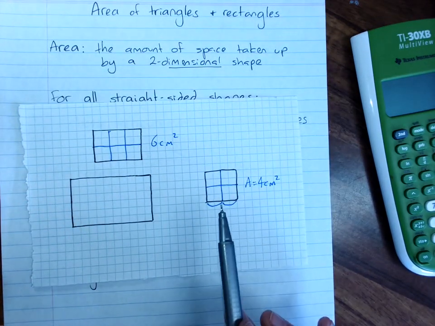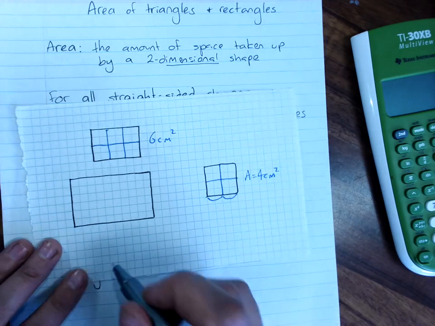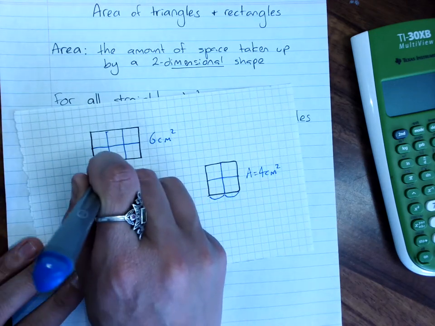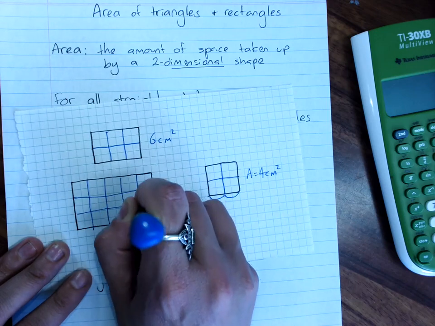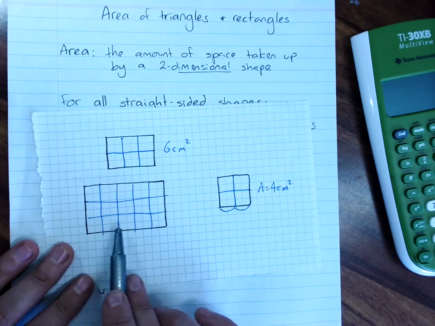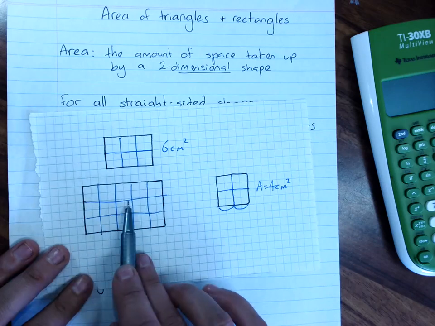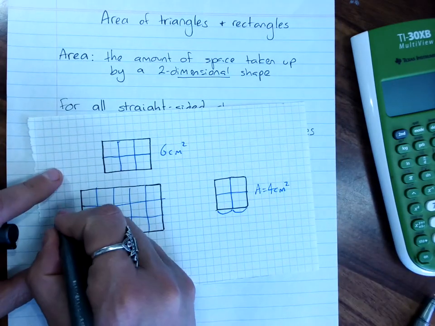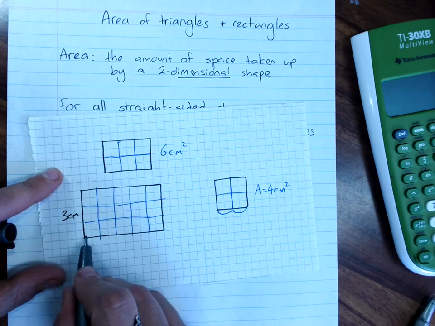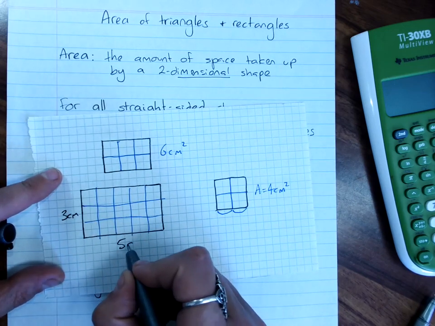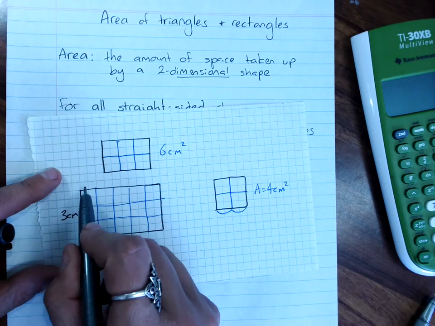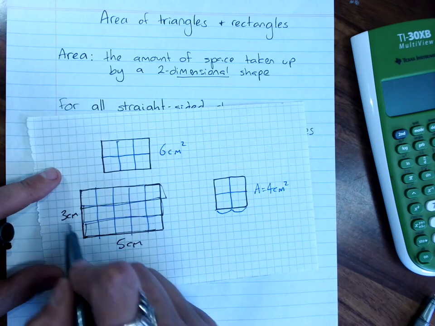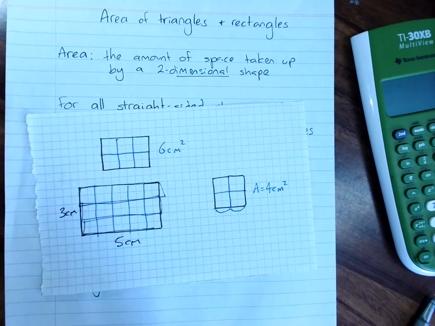But there's a shortcut, and I'm sure you know it. Instead of splitting it up very badly into centimetres and counting all the squares, 1, 2, 3, 4, 5, 6, 7, 8, 9, 10, you can see that if you measure this side, that's 3 centimetres, and you measure this side, that's 5 centimetres, then I've got 3 lots of 5 centimetres squared. 3 times 5 says I've got 15 squares.